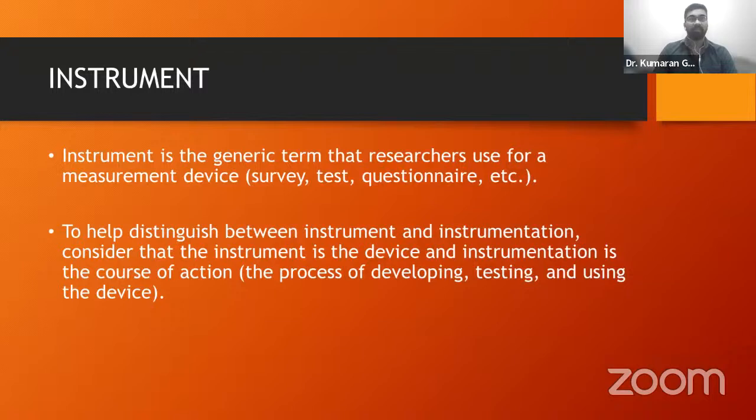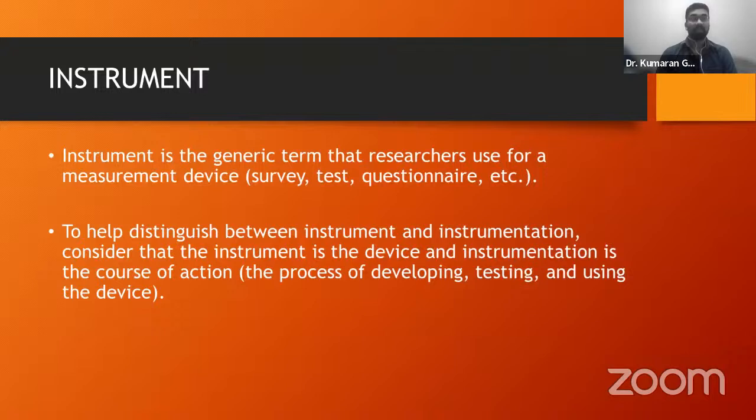Okay, so we have already finished sampling and the code of ethics in research, and we come to the best part, which is the instrument. The instrument is one of the main things in quantitative research. Why? Instrument is a generic term that researchers use for a measurement device.